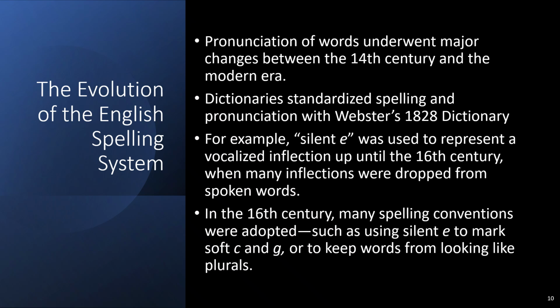For example, silent E was used to represent a vocalized inflection up until the 16th century, so it wasn't silent. In the 16th century, many spelling conventions were adopted, such as the silent E to mark soft C and G, or to keep words from looking like plurals.